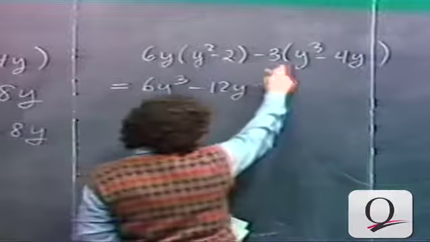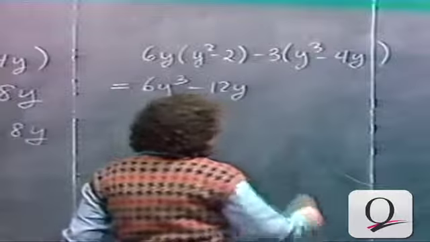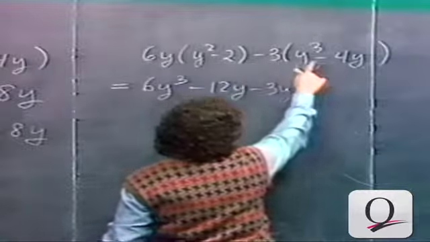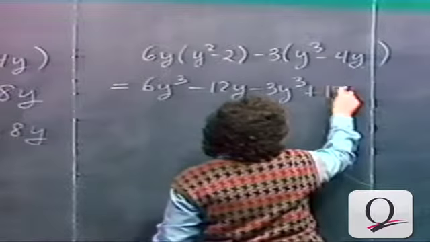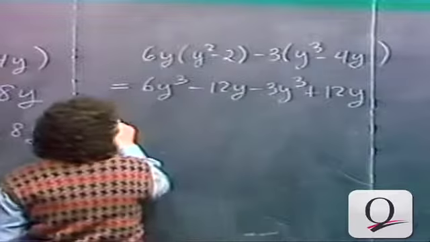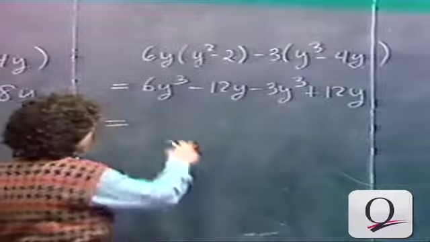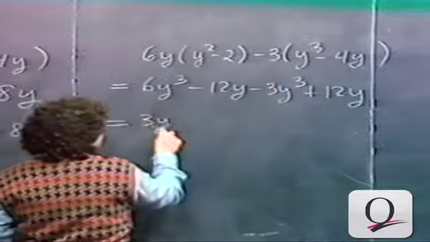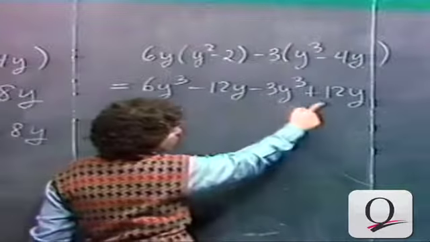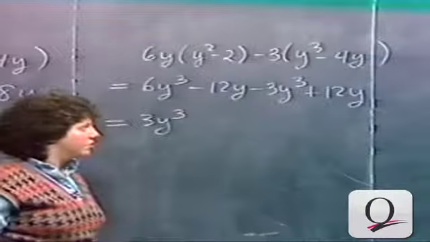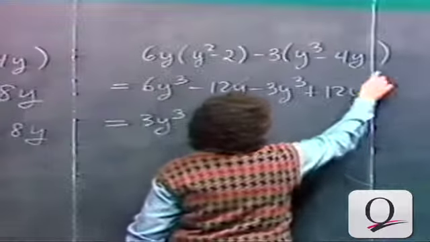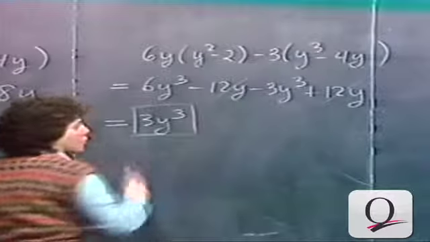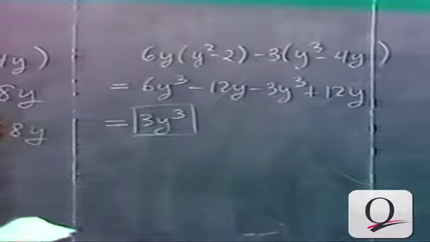And now distribute the minus 3 through the second parentheses, minus 3y cubed, and then minus 3 times minus 4y is plus 12y. So we have 6y cubed and minus 3y cubed combines to 3y cubed. The minus 12y and the plus 12y combine to 0y, and they cancel each other out. So we just get an answer of 3y cubed.